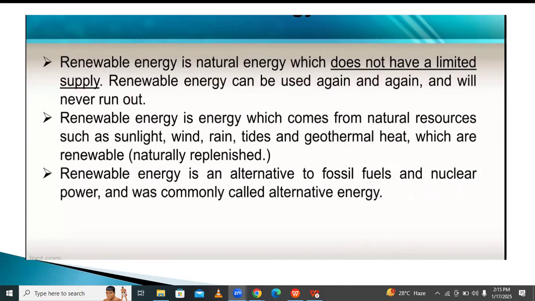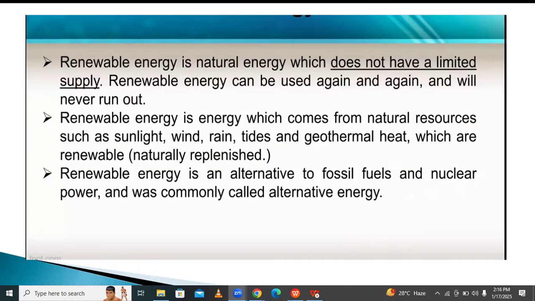But the availability of these renewable energy sources is very limited, and there is discontinuity in the generation of energy from renewable sources. Renewable energy comes from natural resources such as sunlight, wind, rain, tides, geothermal heat. Like this, we can generate renewable energy.